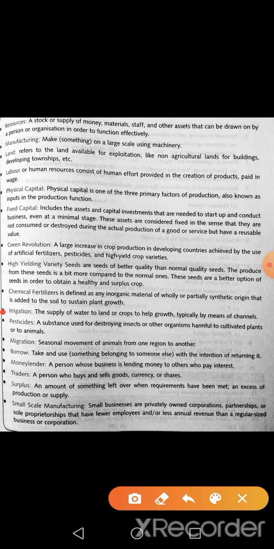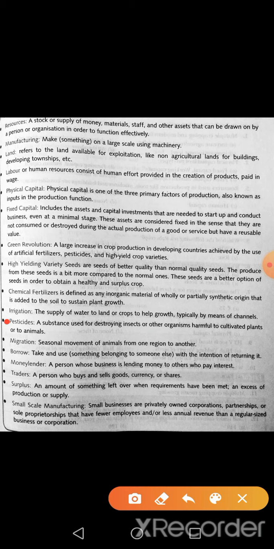We all know that plants require water supply for growing. So irrigation is the supply of water to land or crops to help growth, typically by means of channels. Next one, pesticides: a substance used for destroying insects or other organisms harmful to cultivated plants or to animals.